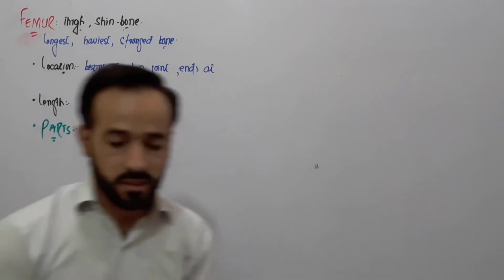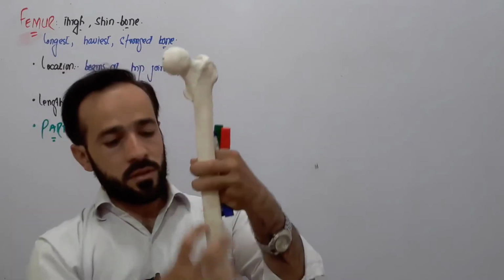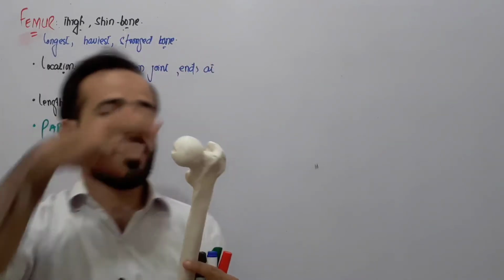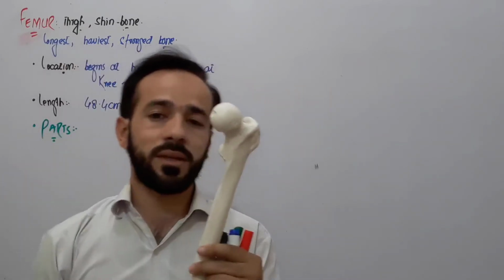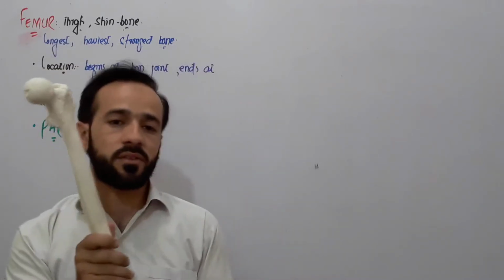In the previous lecture I discussed the anatomy of long bones, and I told you that all long bones have three important parts: the upper part, the middle part, and the lower part. These are the upper epiphysis and lower epiphysis, or proximal and distal, and the diaphysis, which is known as the shaft. This is the upper end and this is the lower end.